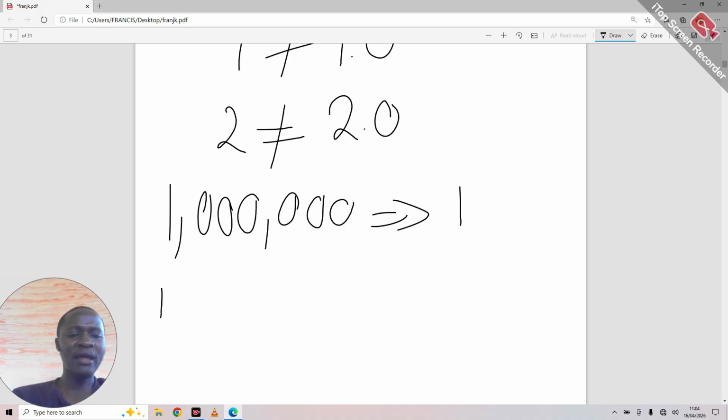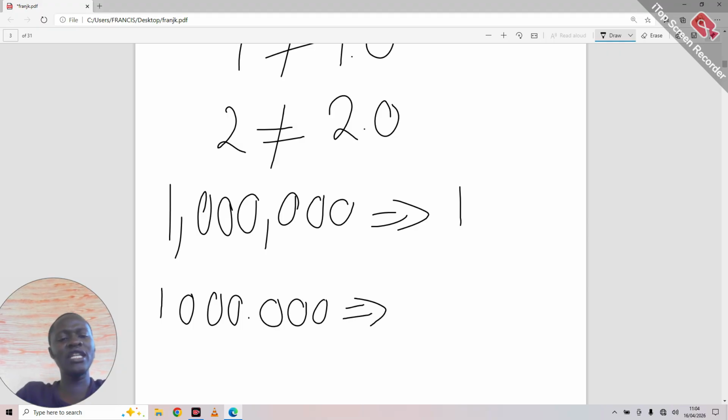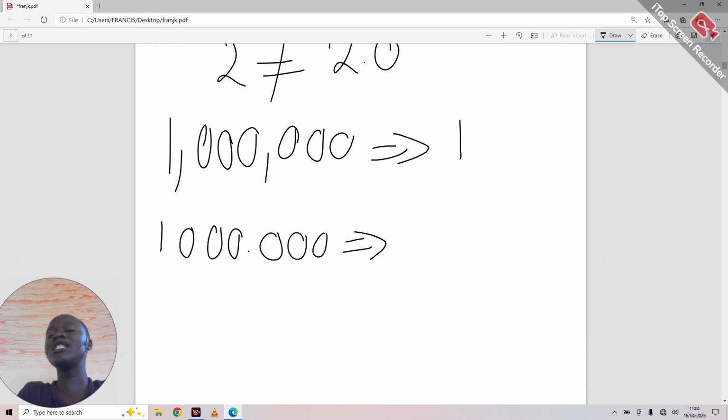For a number containing decimals, it shall be treated according to the way it appears. The accuracy in 1000.000 will be 0.001.